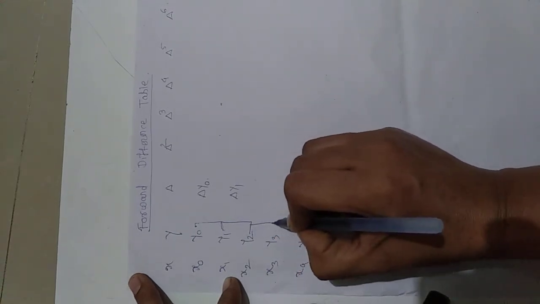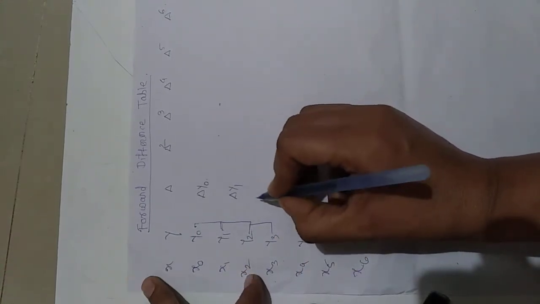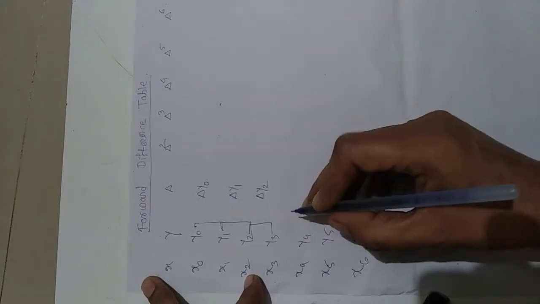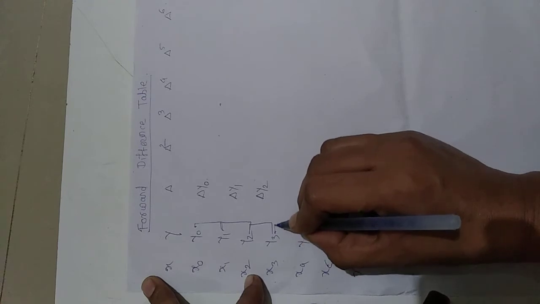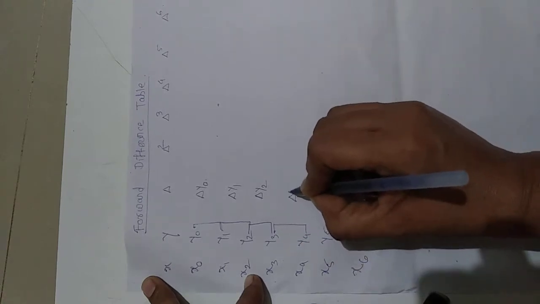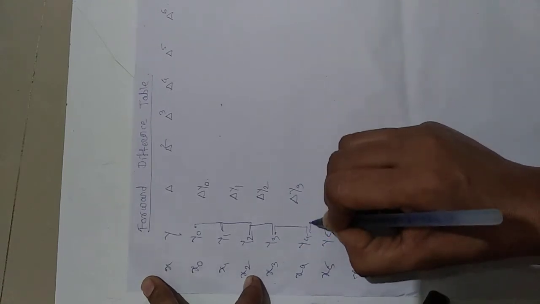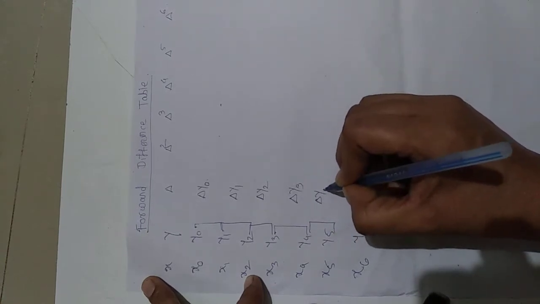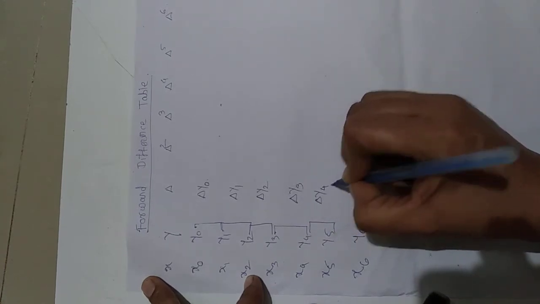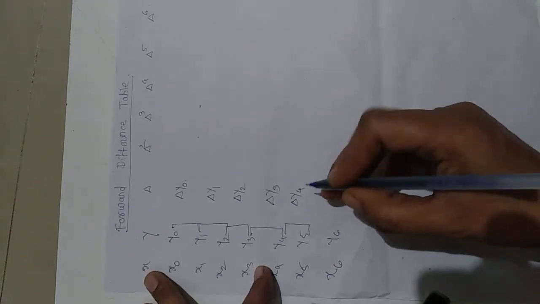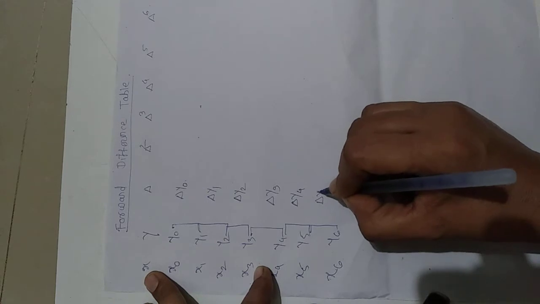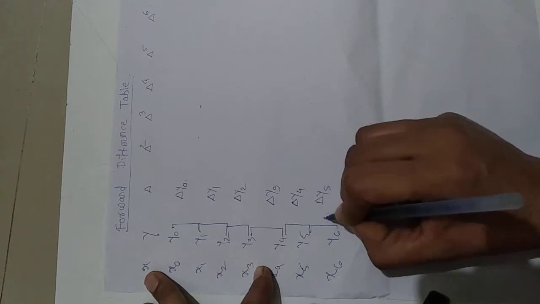The difference between y2 and y3 is del y2, between y3 and y4 is del y3, between y4 and y5 is del y4, and between y5 and y6 is del y5.